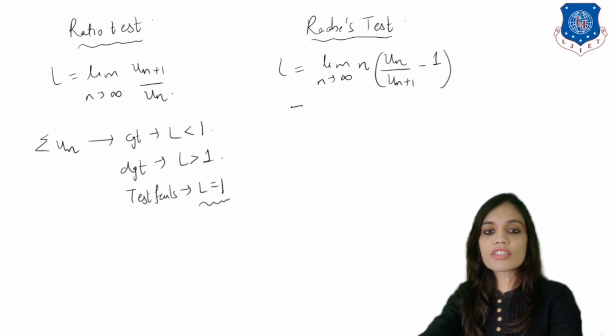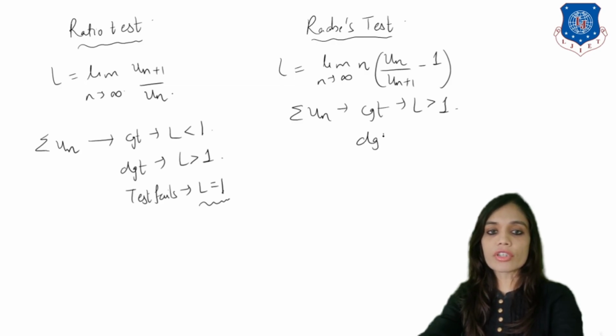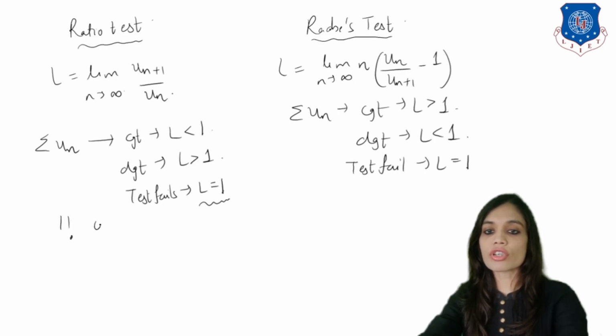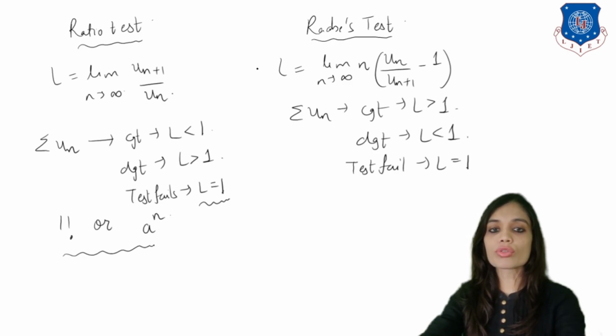So the series un will be convergent when L greater than 1, divergent when L less than 1, and here too the test fails whenever L is equal to 1. So we have to apply ratio test or Raabe's test whenever you see factorial notation or a constant raised to n, right? I hope you have understood throughout the session.